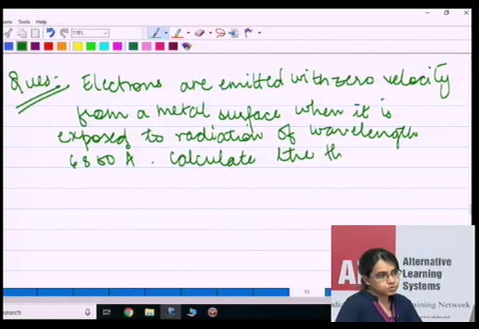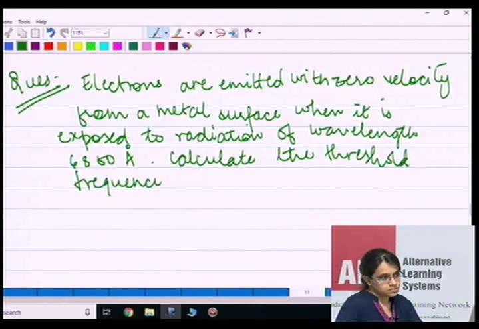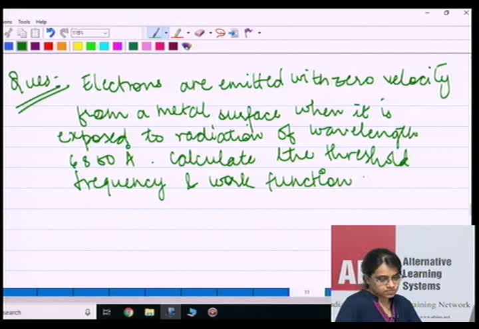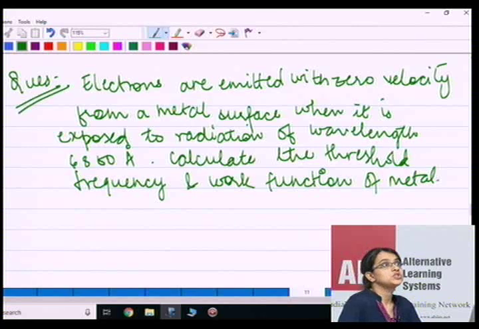Calculate the threshold frequency and work function of the metal. Okay, please try solving this question.